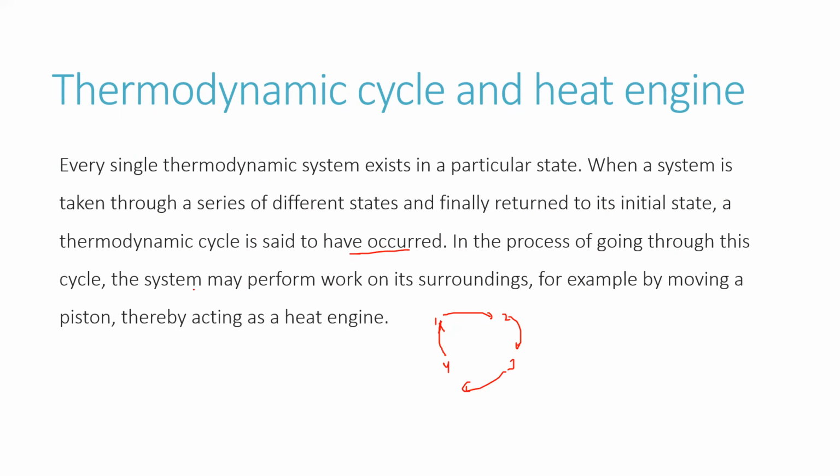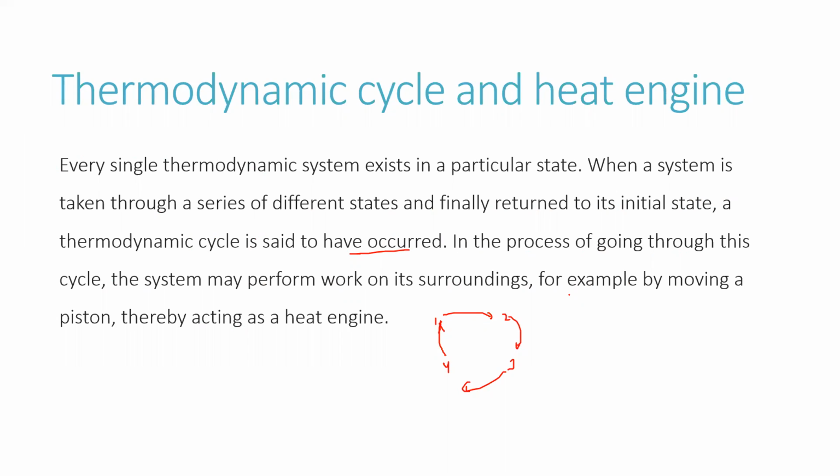In this process, the system may perform work on its surroundings, for example, by moving a piston, thereby acting as a heat engine. As we discussed, a heat engine performs work by converting heat energy into work.